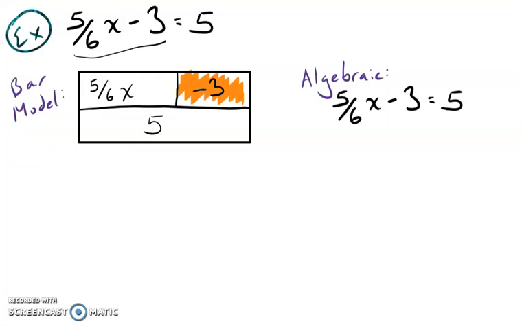Well, you might be thinking, well, it's negative. So when I chop this part off, this next step right here, it's not really 5 minus 3. This is already 5/6 x less 3. That means that I really need to add that 3 back on to here. So what I really need to do over here is add 3. I'm going to do the opposite of what I did on the top.